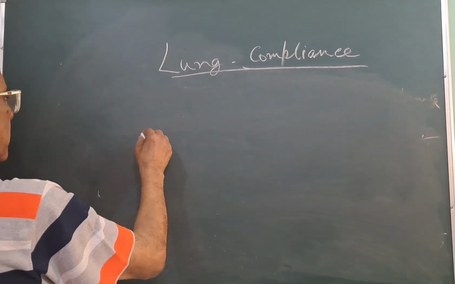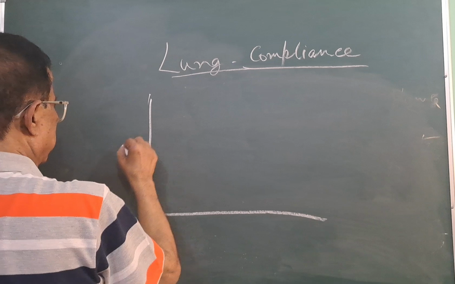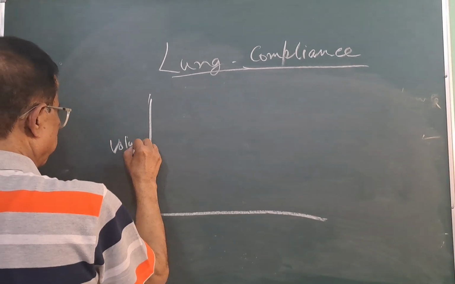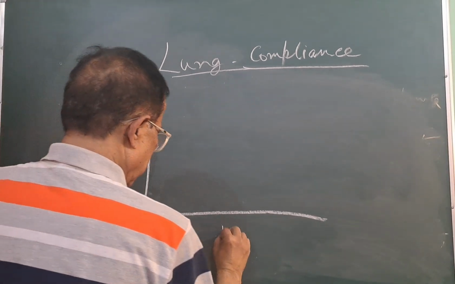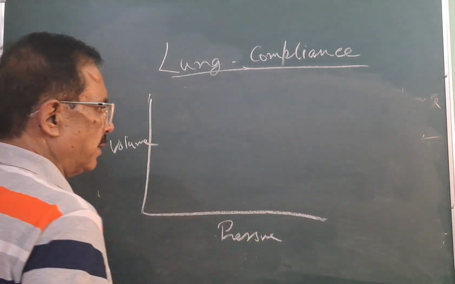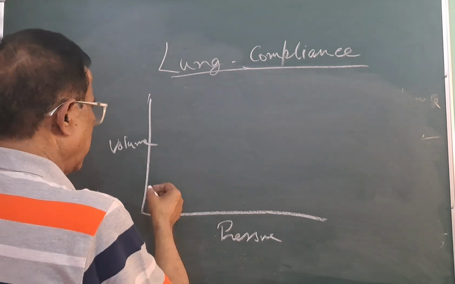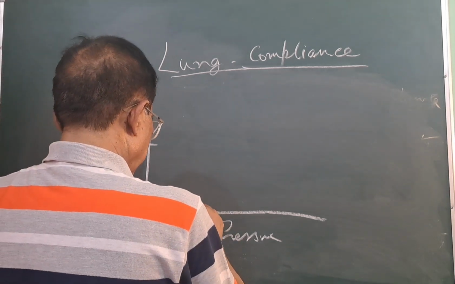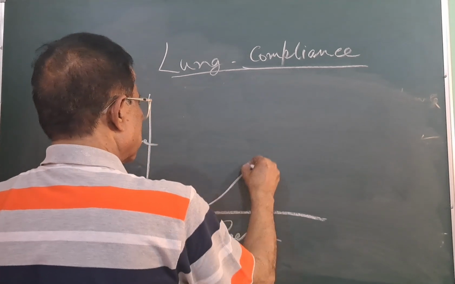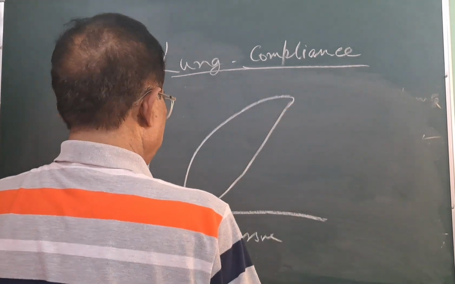When we plot volume and pressure, when we make a graph of pressure and volume, we get this type of graph.